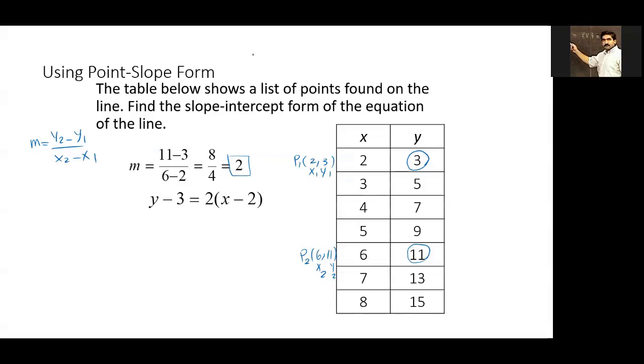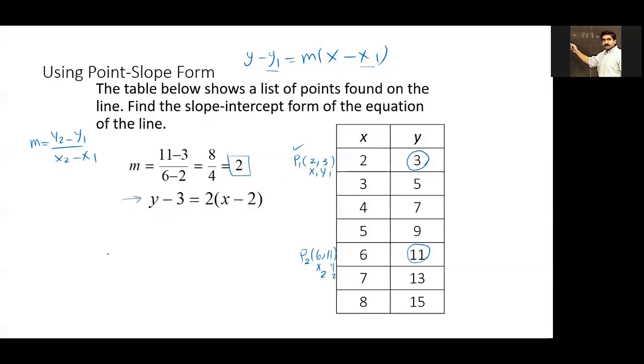Now I can use the formula y minus y1 is equal to m times x minus x1. Again, I can pick any point, call it point 1, and substitute that in this formula. So it looks like we're picking this point here being point 1, and substitute 3 for y1 and 2 for x1.